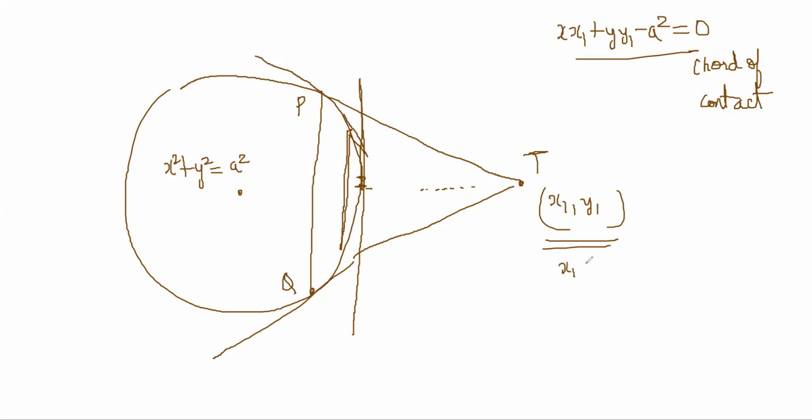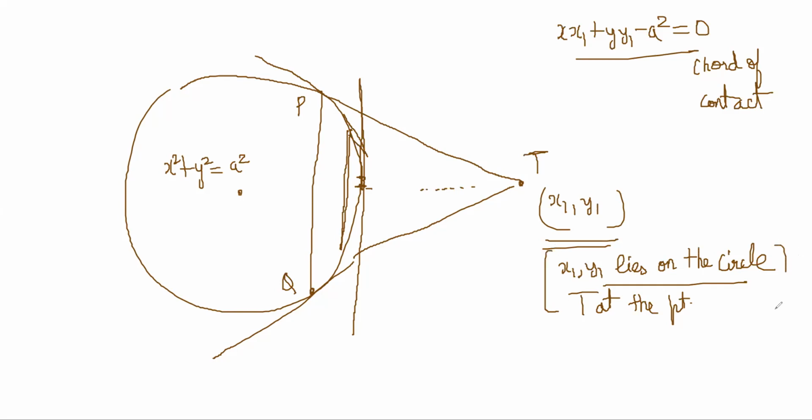If x1, y1 lies on the circle, the chord of contact should be the tangent at that point, because actually there's no chord, it's just one point. And the tangent equation at that point should be x x1 plus y y1 minus a square.